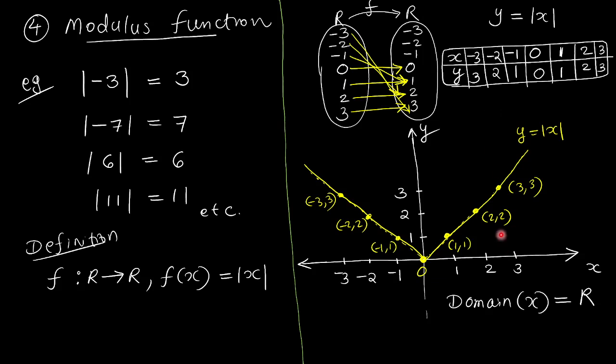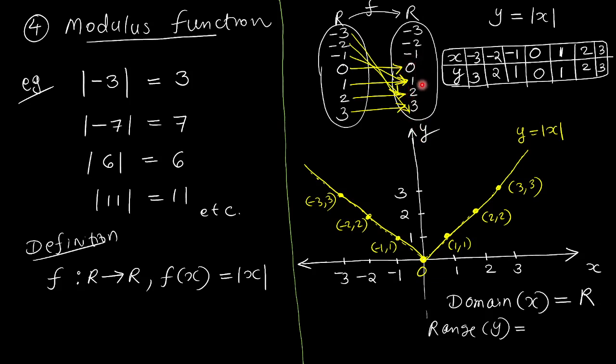So x can be any real number, but range is different. Range is the values of y. If you look at the arrow diagram, you will get good clarity. The values of y, the arrows, end on positive numbers only, including 0. Understood?